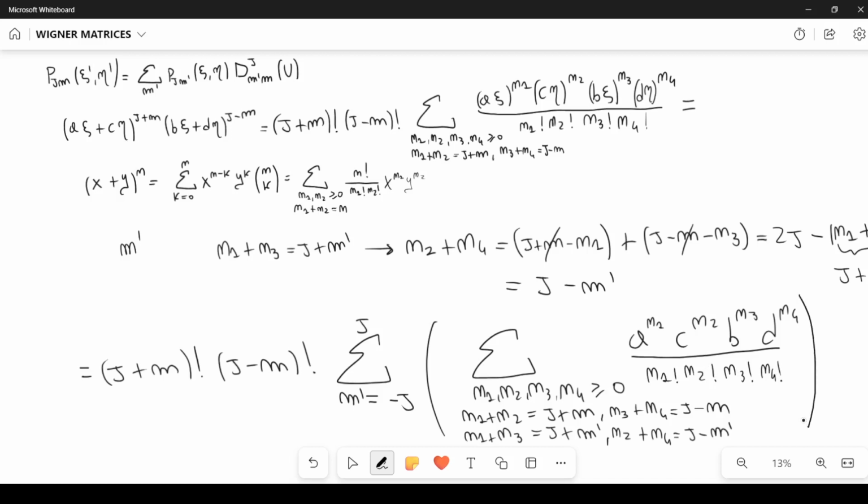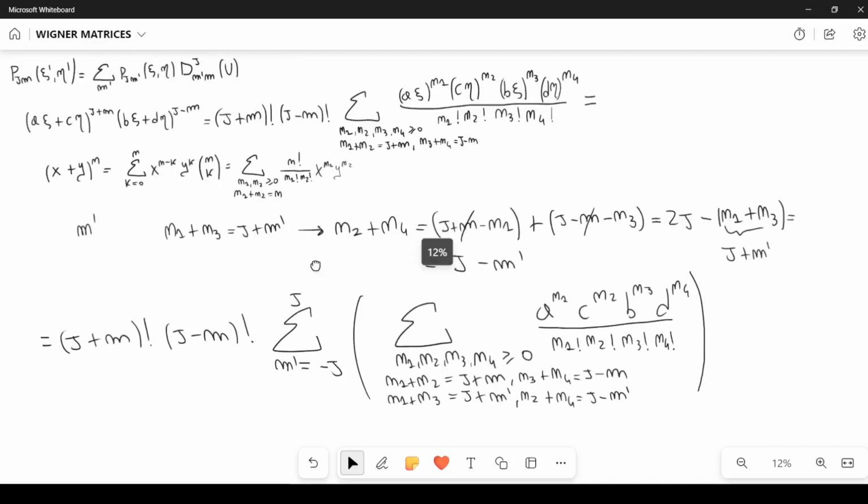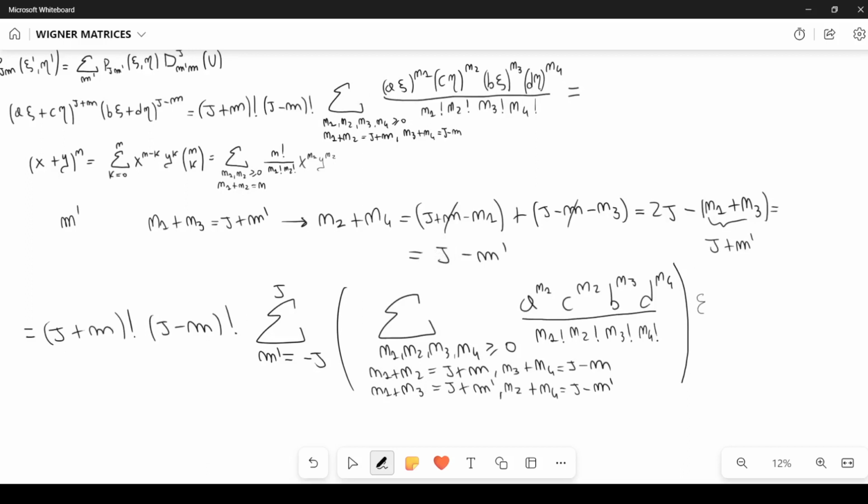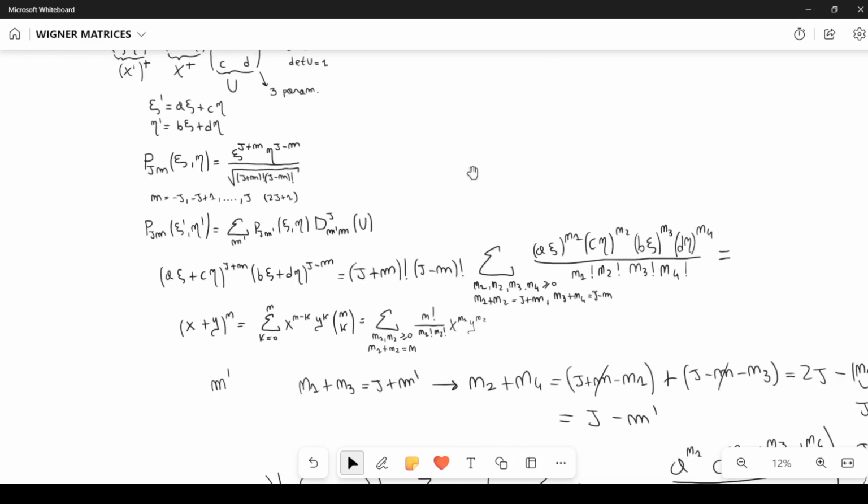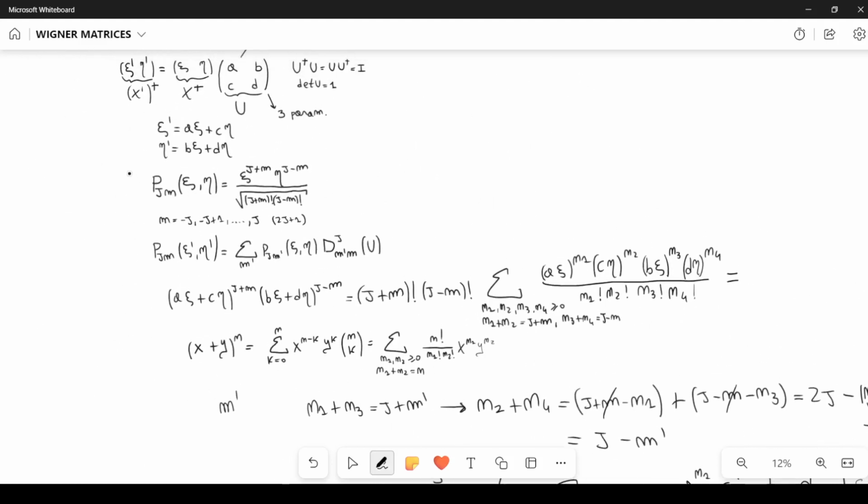And outside the summation, we have xi to the power j plus m prime and eta to the power j minus m prime. So this is convenient. It's convenient to write it like this, because now we can see that we have these terms that appear in the definition of pjm.